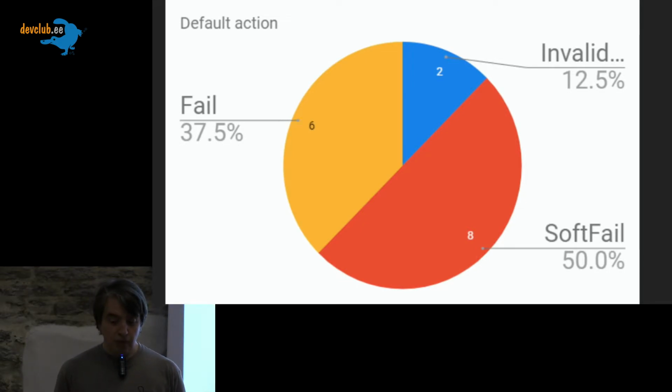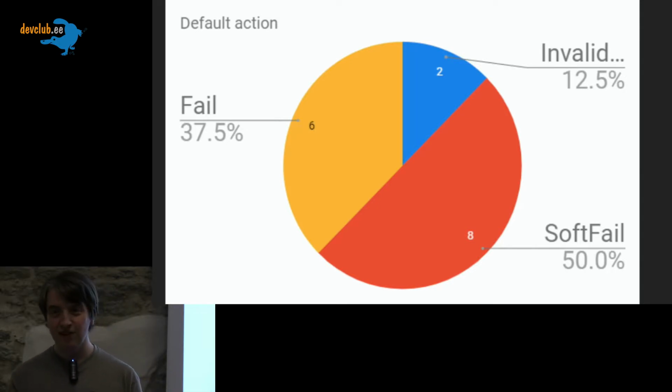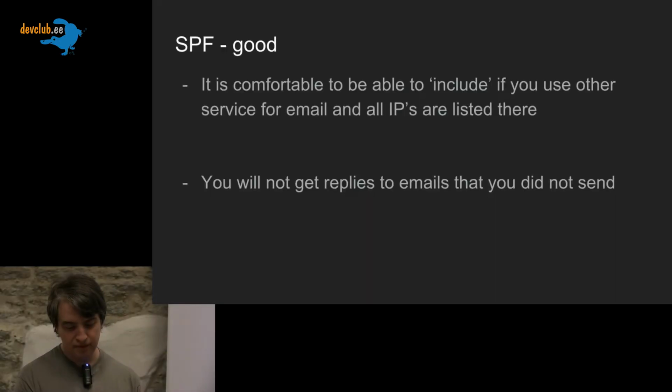And I dug a bit more. 50%, or 8 domains, indicated that incorrect email should be marked as spam. 6 indicated that incorrect emails should be destroyed. And for the 2 of you who had a completely incorrect SPF record, it's up to the server to decide what it should do.